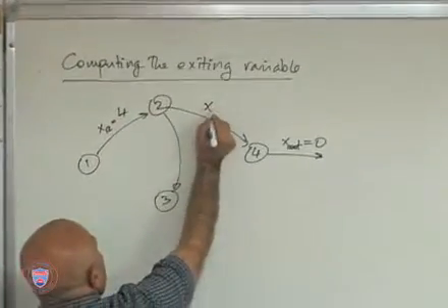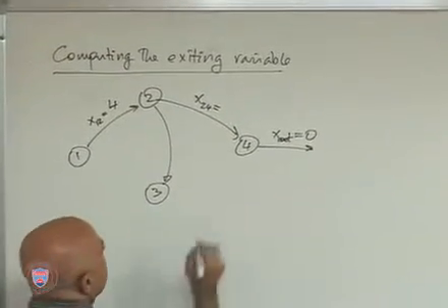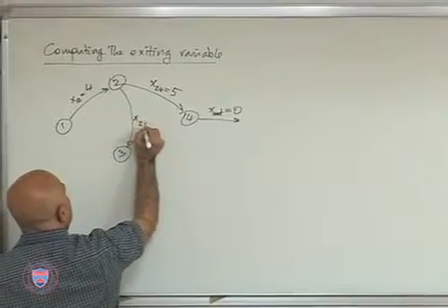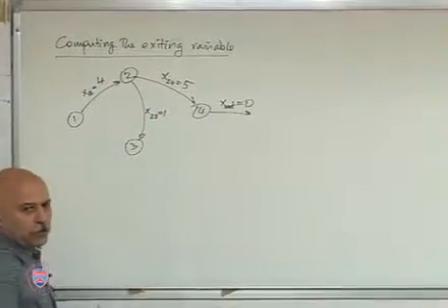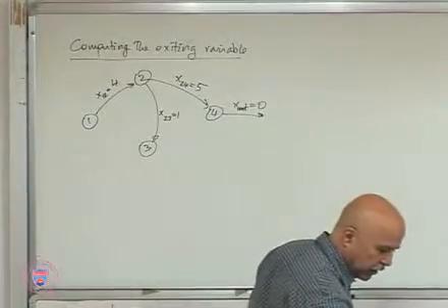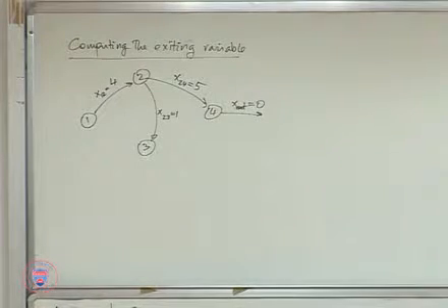This one was 5. And this one was 1. This is the current basic solution. Now we decided to enter a new variable here, which was 1, 3, yes.